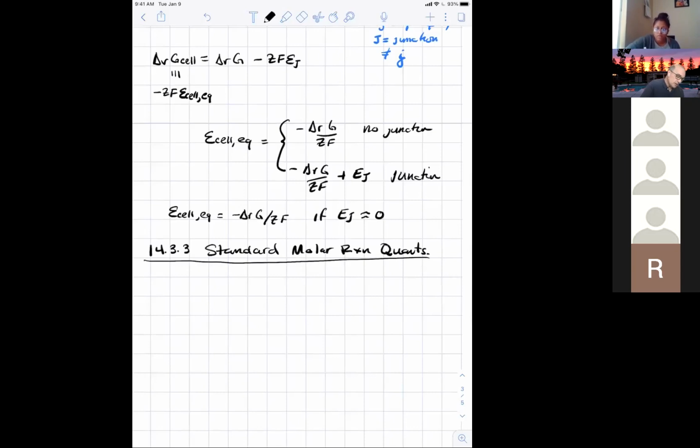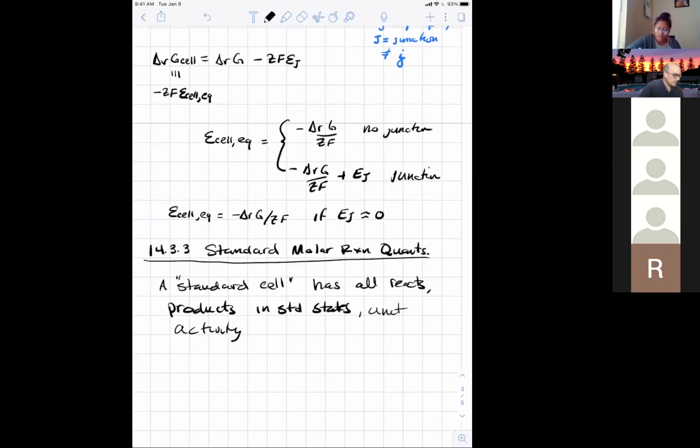Well, first of all, if we want to talk about a standard cell, it has all reactants and products in their standard states, unit activity, and a negligible junction potential, right?